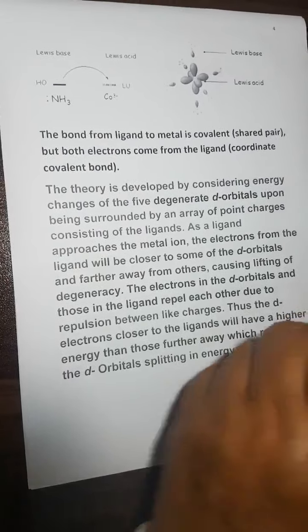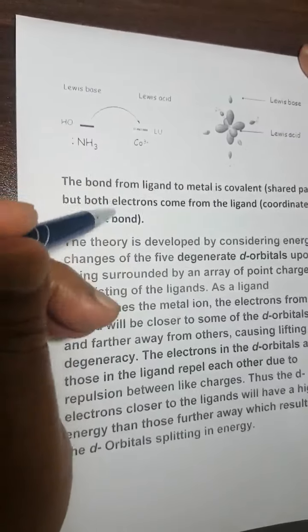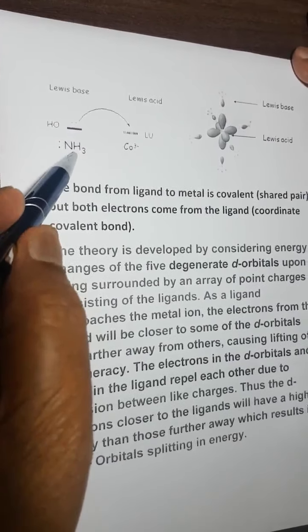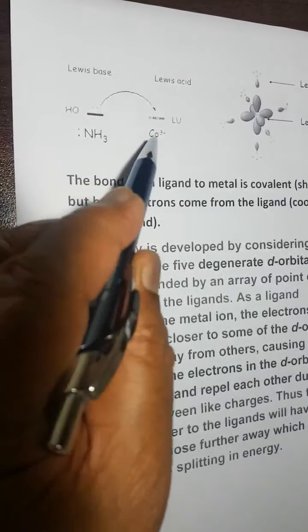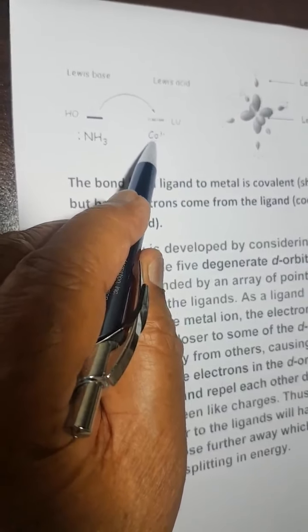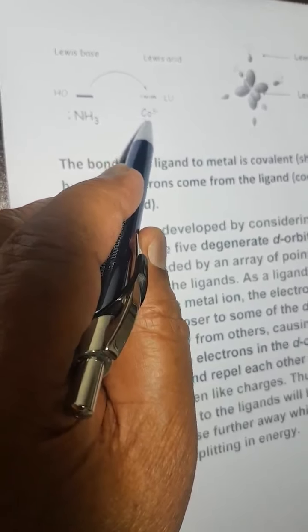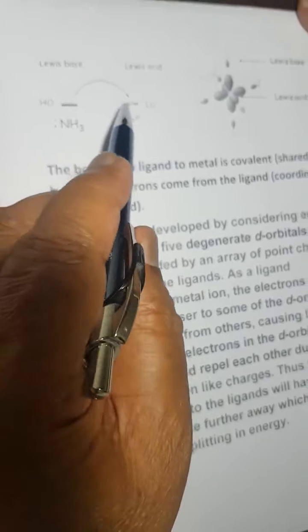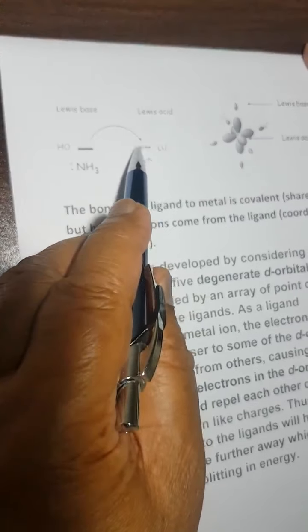And here I'm showing you an ammonia molecule. It's a neutral molecule. It has a lone pair of electrons, and a cobalt 3 ion or cobalt 2 ion, or for that reason any transition metal ion, contains partially empty orbitals.